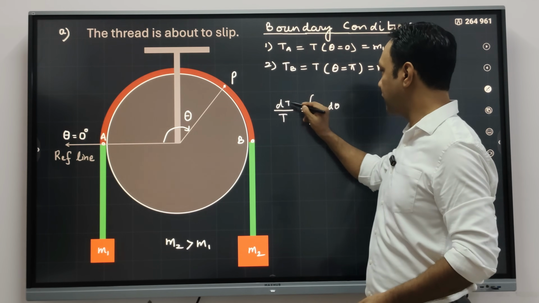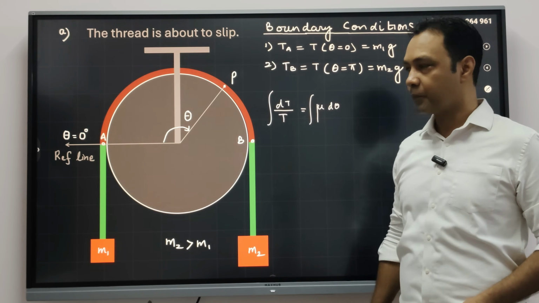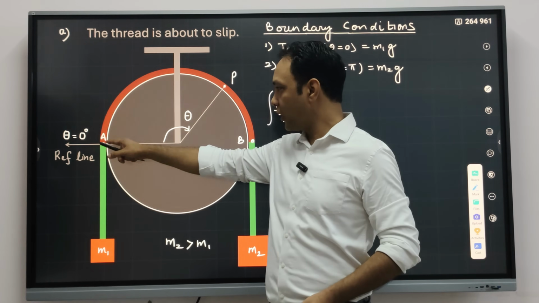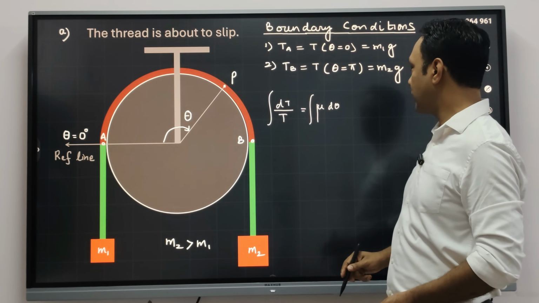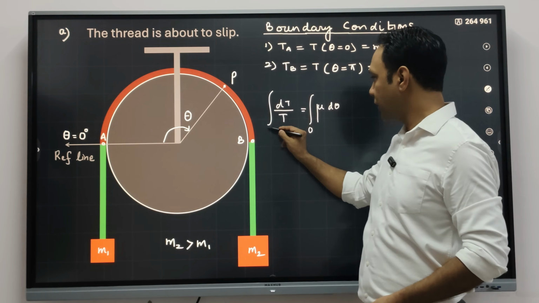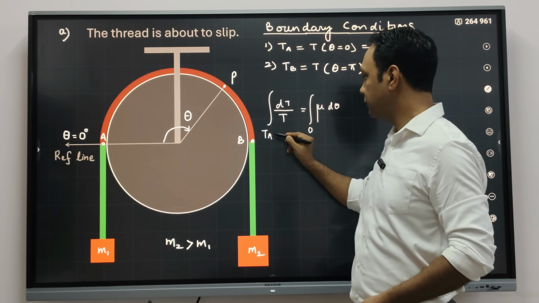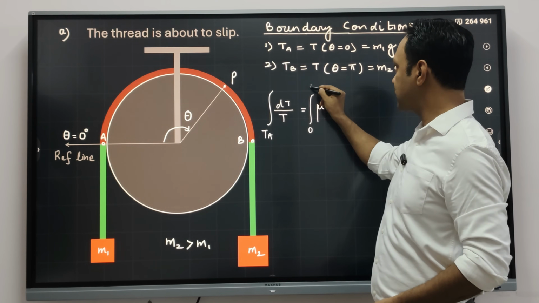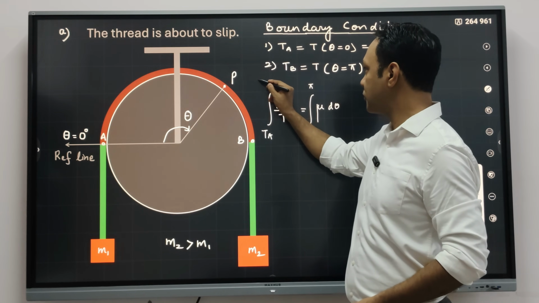So if I integrate it from A to B, at A theta is 0 and the tension is TA, at B theta is pi and the tension is TB.